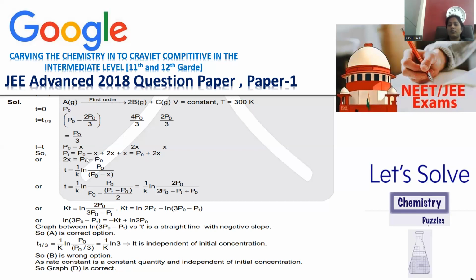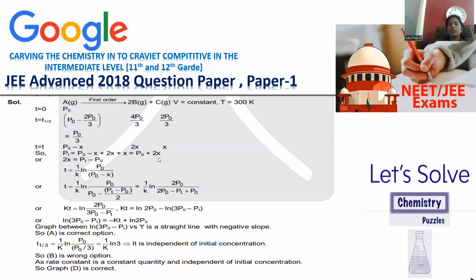You can cancel out the positive and negative terms. So the leftover will be Pt is equal to P naught plus 2X, because minus X plus X cancelled out. So here Pt is equal to P naught plus 2X, you got it.